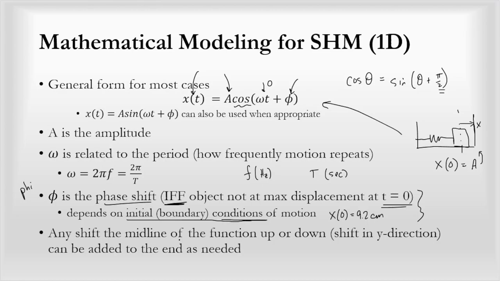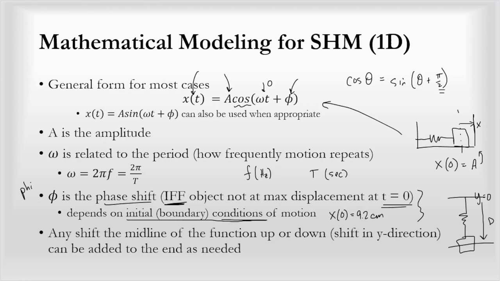There may be some shift of the midline up or down. Often you might see this where, if you have a spring that is attached to the ceiling, they say maybe the ceiling equals 0, and so the equilibrium position is some distance below that. That would be that d on the end of the equation, and it would be just a vertical shift on the graph.